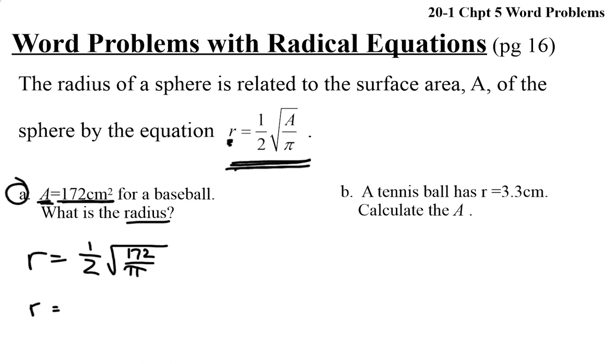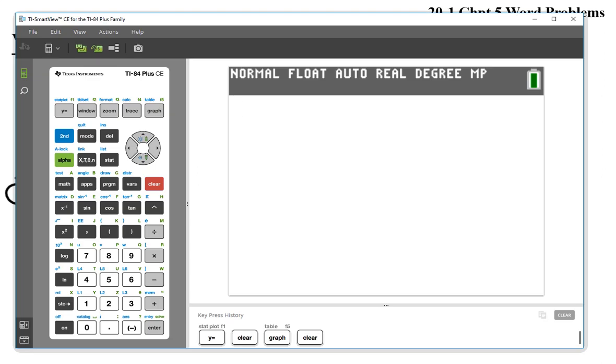I've talked about the fact that I like to break it into parts. So I would do my square root calculation first, and then I would multiply by 1/2. I don't want to plug everything in at once. I'll make too many errors. You've seen it. I like to break it into steps. So we want the square root of 172 divided by pi.